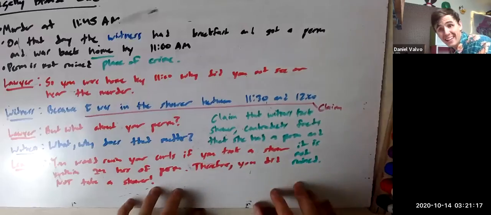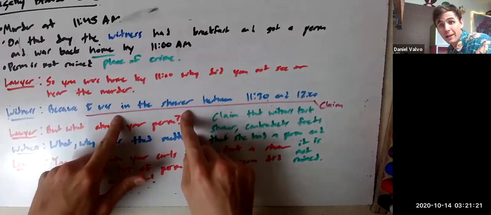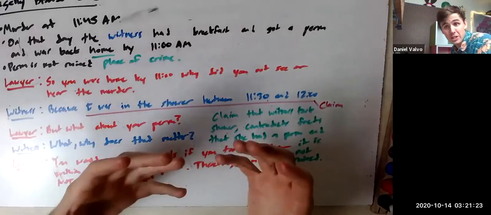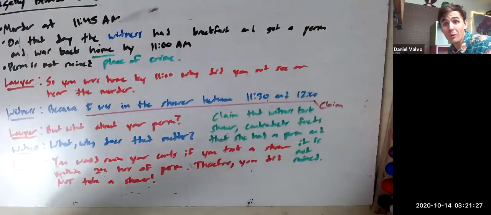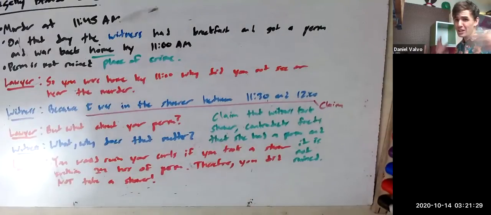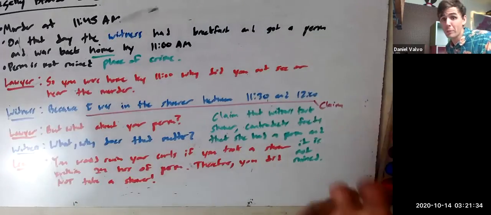So what the lawyer did is basically what you do is you go along with the claim, right? So the way you prove something by contradiction: if you have a claim that you don't think is true, what you can do is go along with it. You go, okay, let's just assume you're right. Assume the claim is true. Even if the lawyer thinks it's false, let's assume it's true.